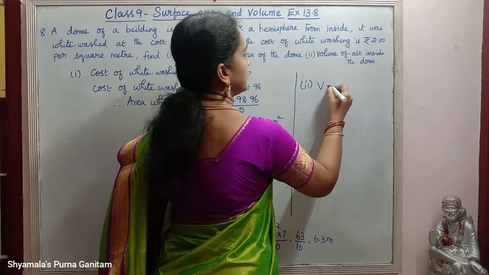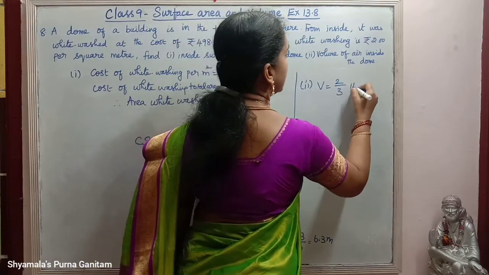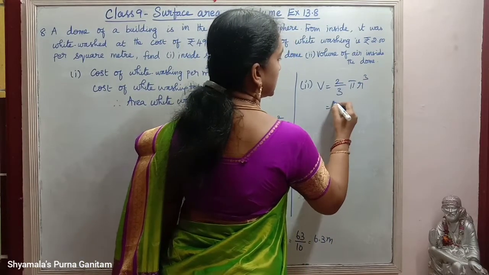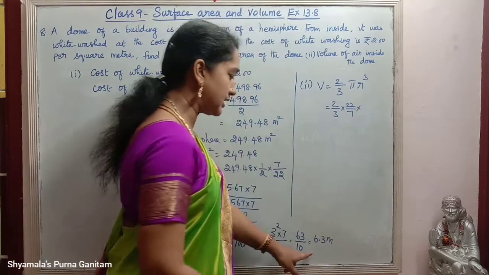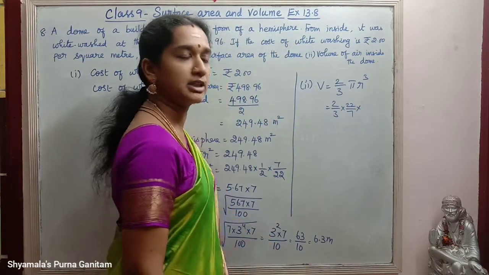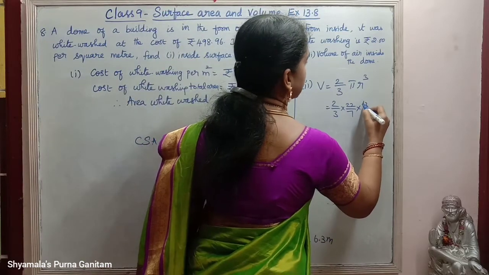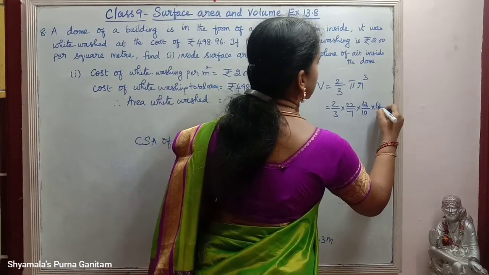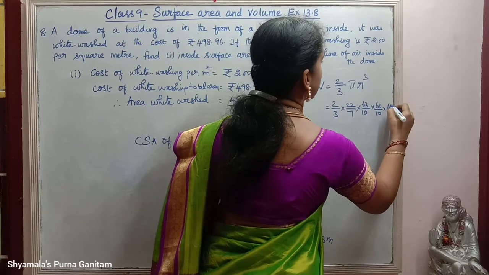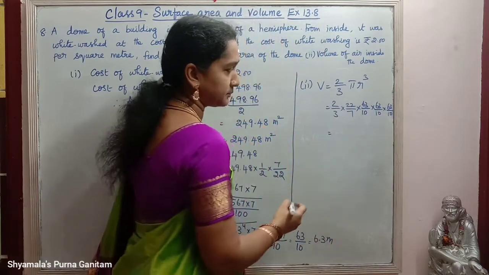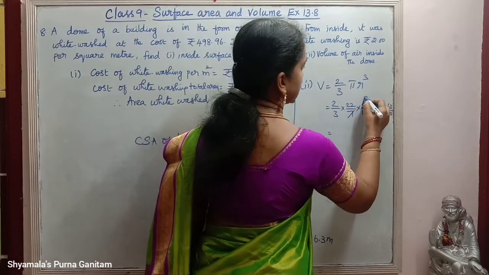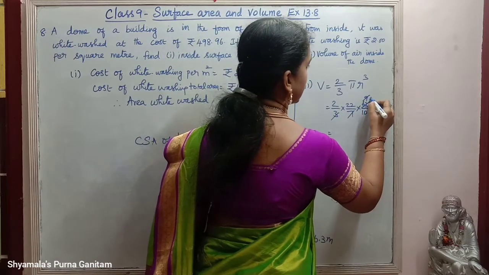So the volume of the hemisphere is 2 by 3 pi r cube. So 2 by 3 into 22 by 7 into the radius we got, 63 by 10, that is 6.3. So we will write it as 63 by 10 into 63 by 10 into 63 by 10. Now if we simplify, 7 9s are 63, then 3 3s are 9.